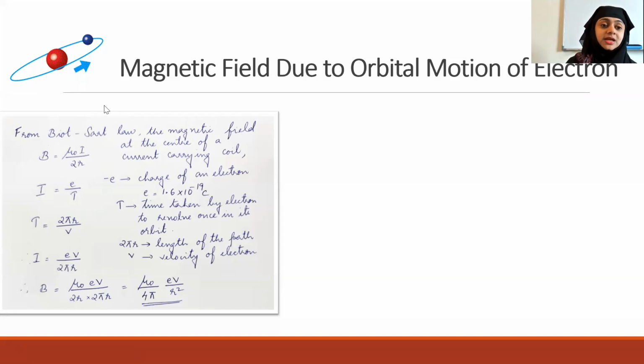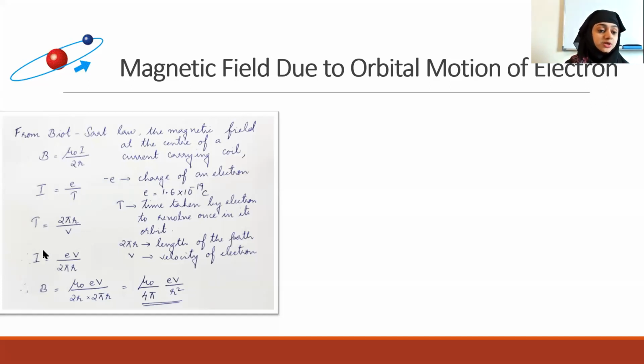If you have a circle having radius r, the total distance will be equal to the circumference of the circle, which is 2 pi r, divided by velocity. So if I substitute T equal to 2 pi r by v in the expression for current, we will get that I is equal to ev by 2 pi r. Here, instead of T, I have put 2 pi r divided by v.